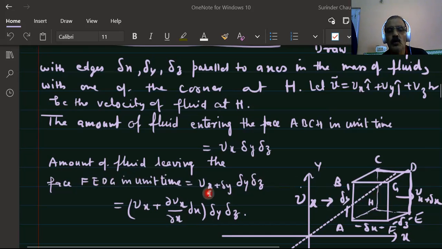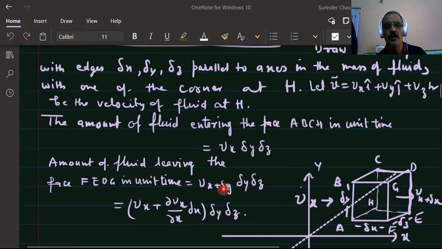So the velocity at the face leaving will be v of x plus del x, and the area of this will be del y into del z. This is the amount of fluid leaving the face FEDG in unit time.